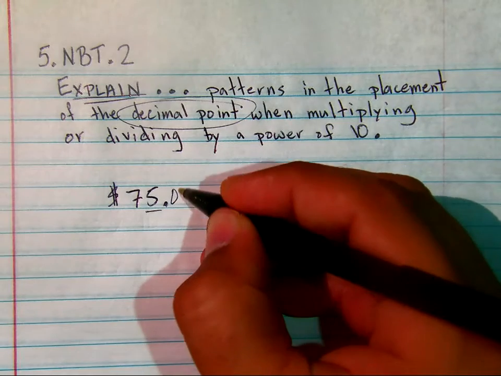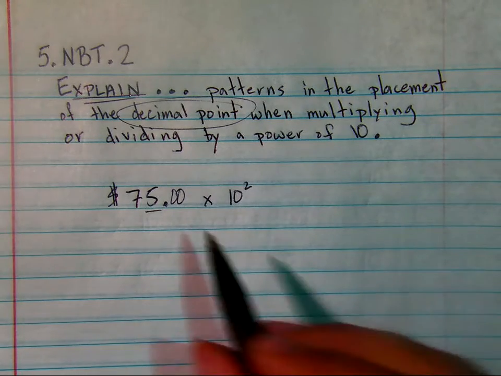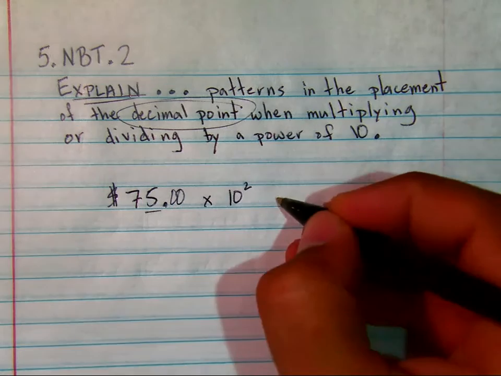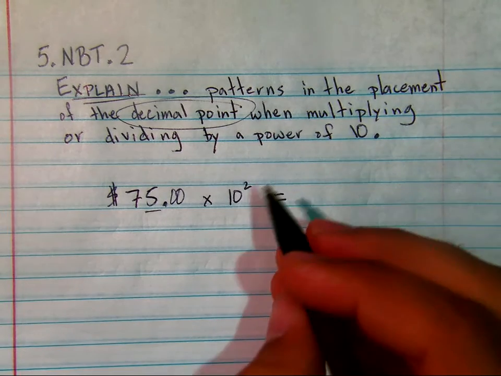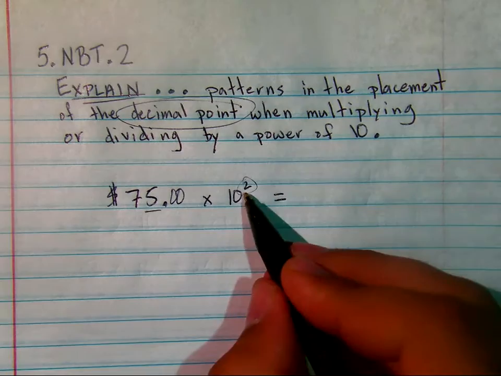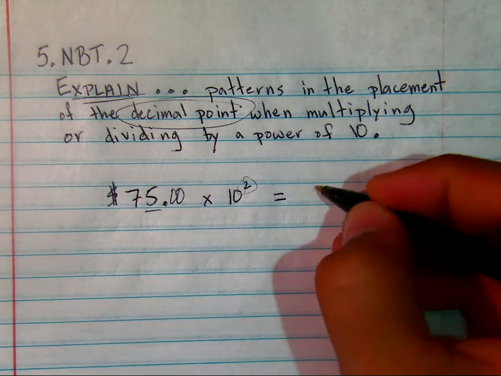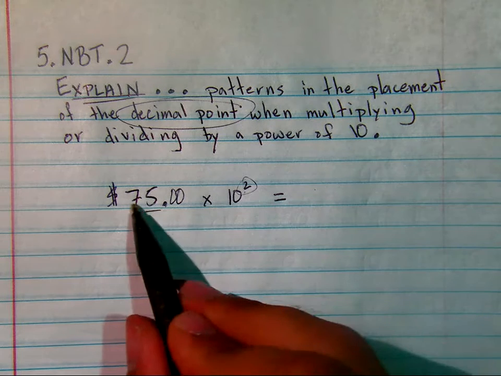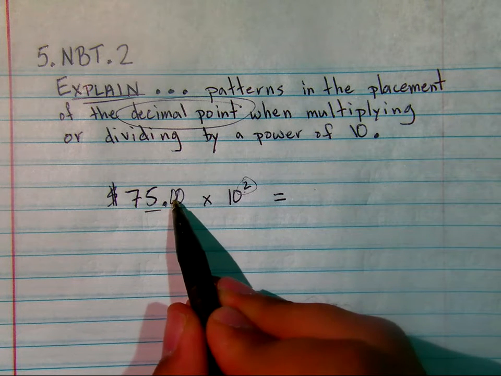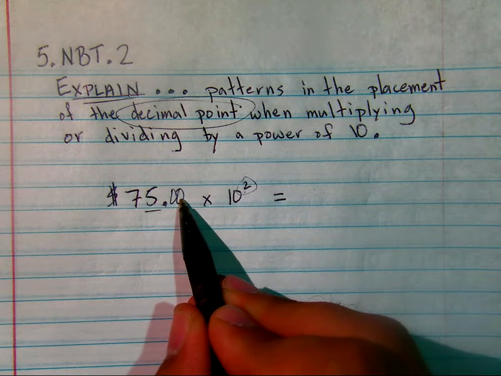Then that makes sense, doesn't it? So if I look at this pattern of exponents and patterns of zeros that we just learned, what I need you to understand is when money is concerned, those two zeros already exist.